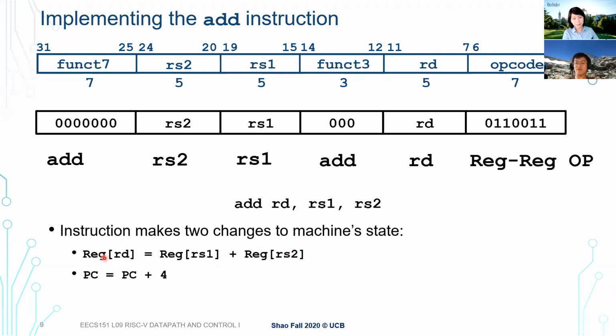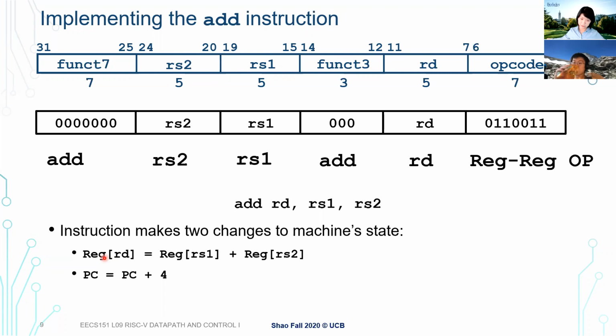And another change it makes, remember the program counter is another state in our hardware. Once we finish executing the current instruction, we need to update the program counter to the next instruction so that we can execute the next instruction. So the second change it makes to the machine state is to update the program counter from PC to PC + 4.